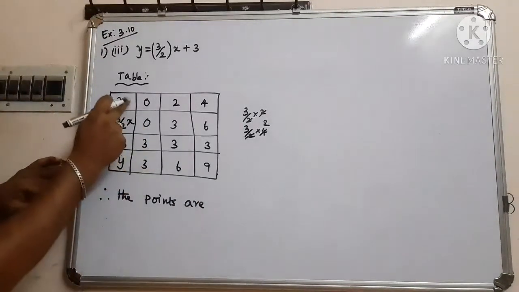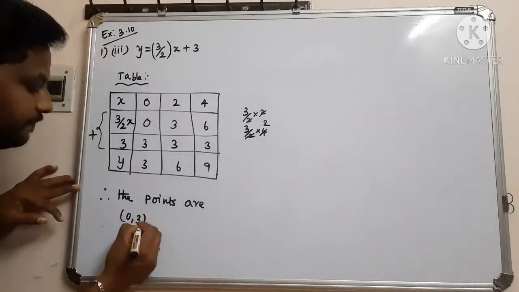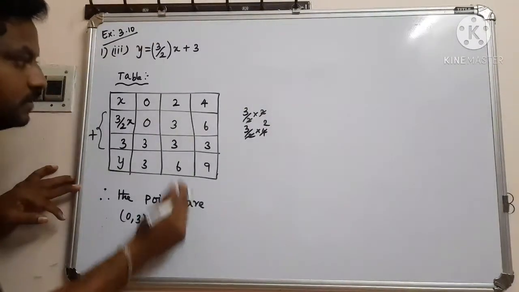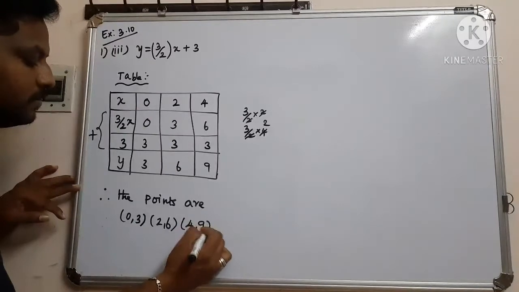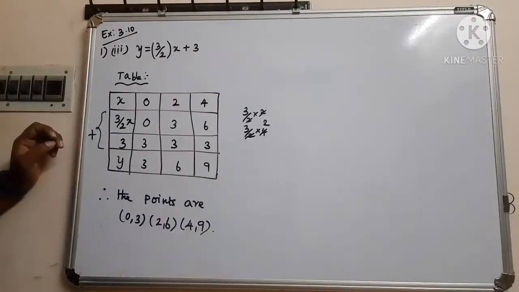You have to take the points x and y only. 0, 3, 2, 6, 4, 9. So these 3 points we are going to draw in a graph.